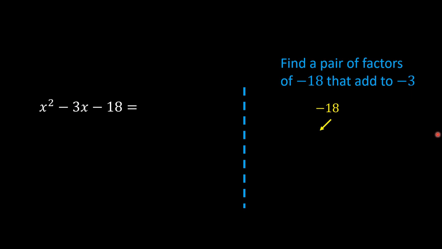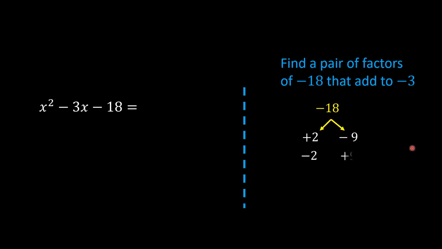Negative 18. Let us try positive 2 and negative 9. Positive 2 times negative 9 is equal to negative 18. Let us try to add them. Positive 2, negative 9 is negative 7, which is different from negative 3.